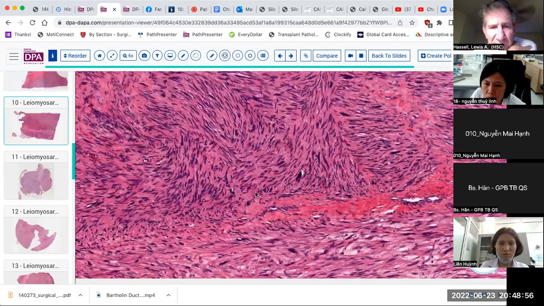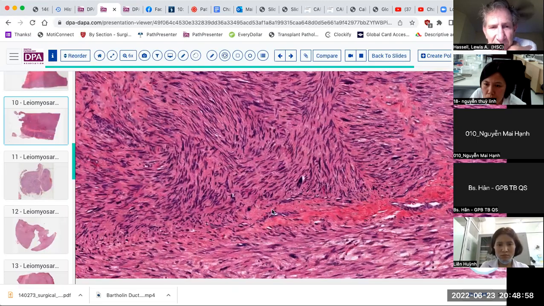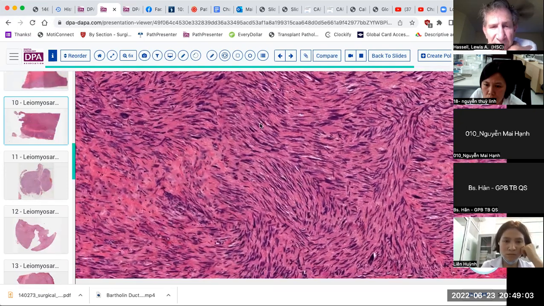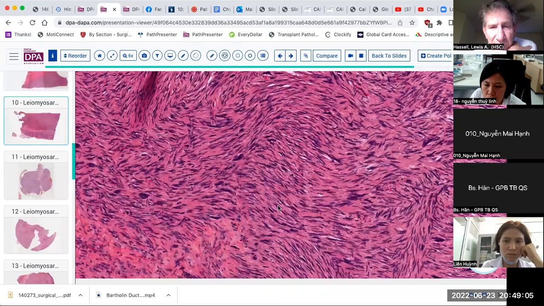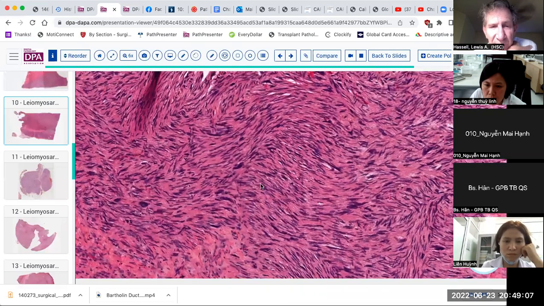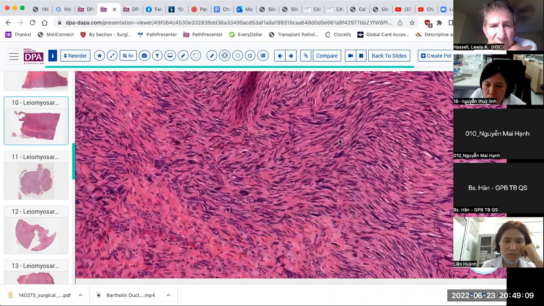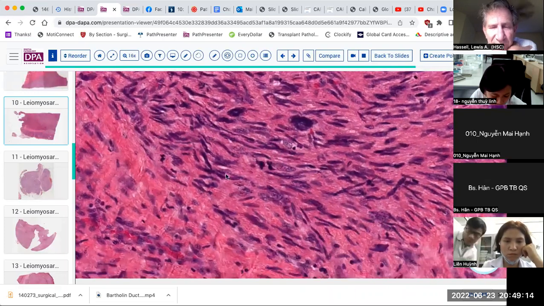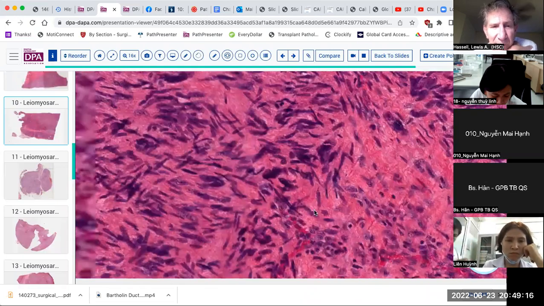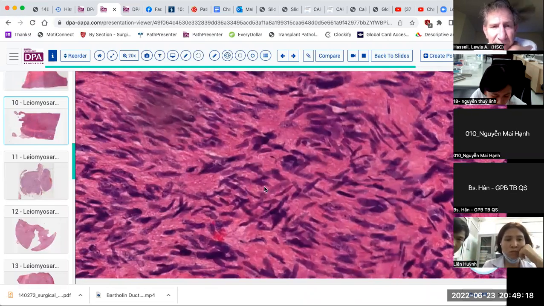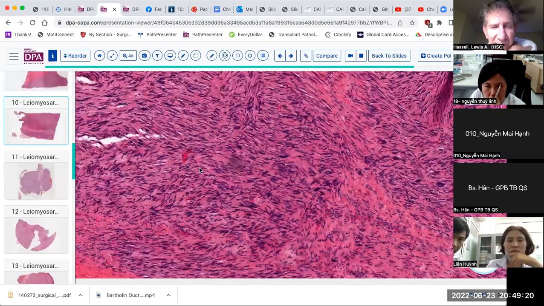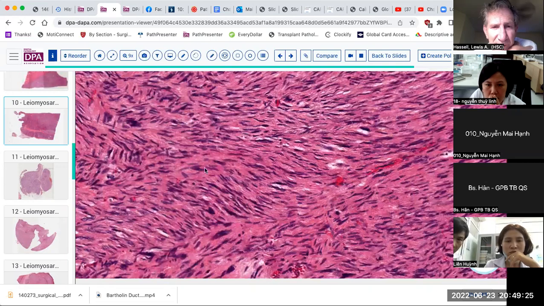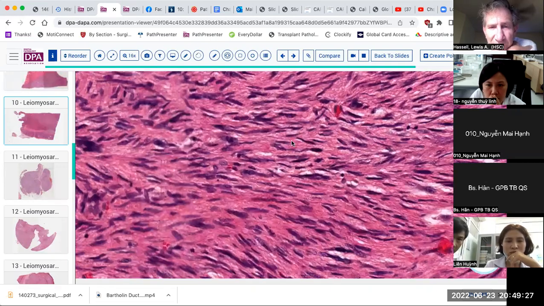So this could be a leiomyoma with bizarre nuclei. It could be some other type of neoplasm, sarcoma. But this is where we might want to do mitotic counts. But here's a mitotic figure, and there are other areas where we'd find that as well. Perhaps you'll see some here.